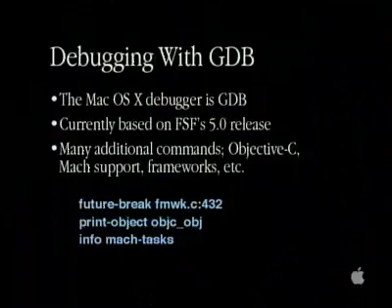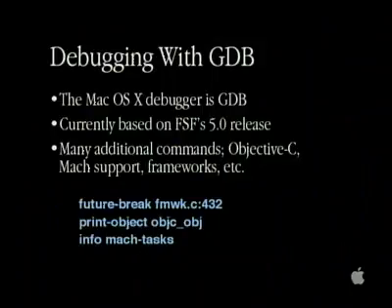Okay, so to talk a little bit about debugging, again, the Mac OS X debugger is GDB. It's currently based on the FSF 5.0 release, and for Jaguar, I believe it's based on 5.1. Is that right? Yeah. And it has a lot of additional commands. I don't have space to go into them all. There's a session on Friday that will talk about that. We have a future breakpoint that you can set for code that hasn't been loaded in yet.